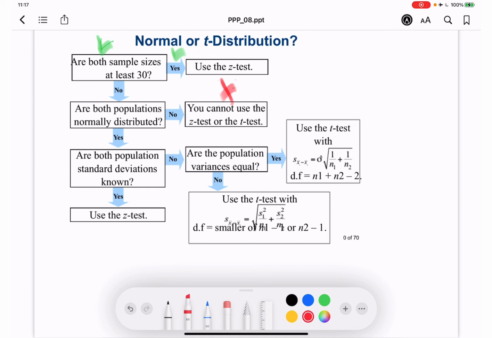But if it's normally distributed, which is going to be 99.9% our case in these problems, then next we are going to look for if the population standard deviation is known.